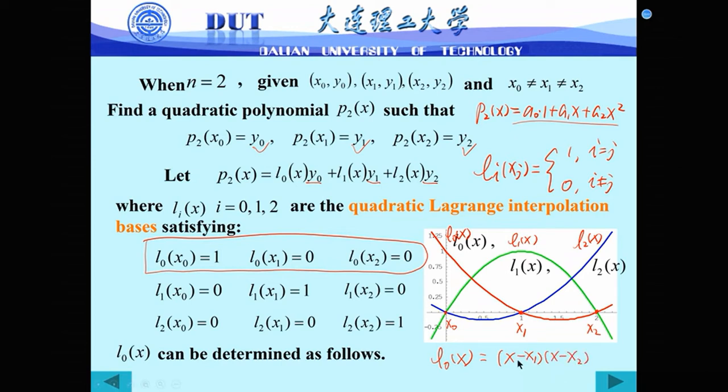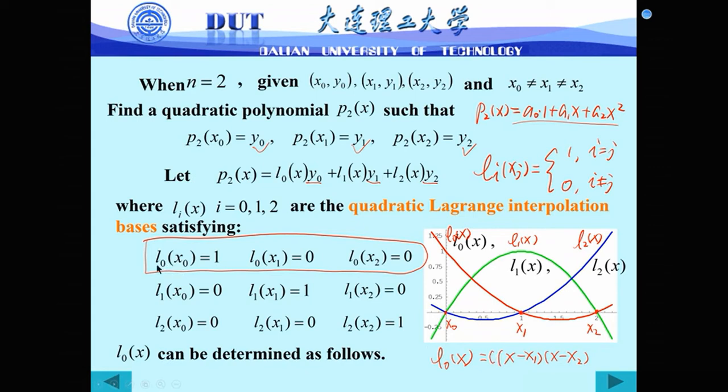Clear? Now you see, this product is already a quadratic polynomial. So here should be a constant. The difference between the two quadratic polynomials should be a constant c.